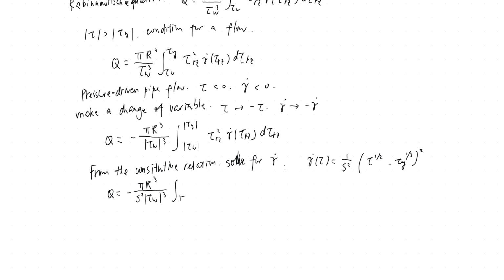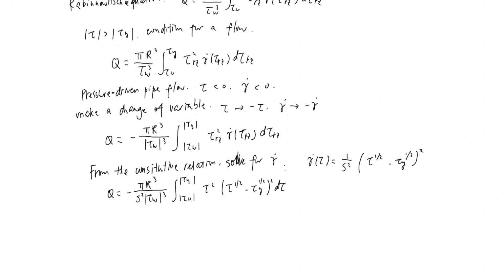Integrating from tau_w to tau_y of tau squared multiplied by (tau to the power of 1/2 minus tau_y to the power of 1/2) squared d tau. Here we have dropped the subscript RZ.